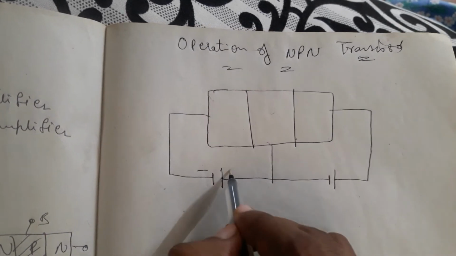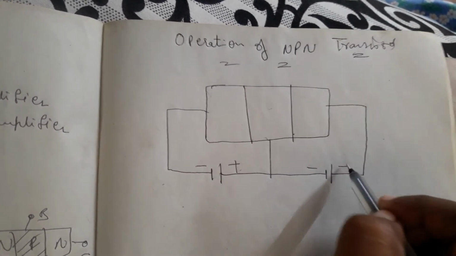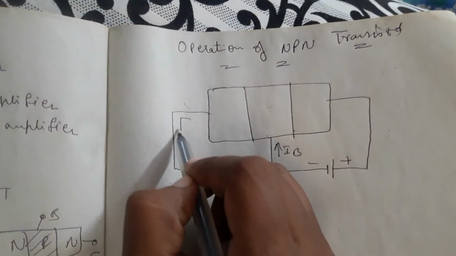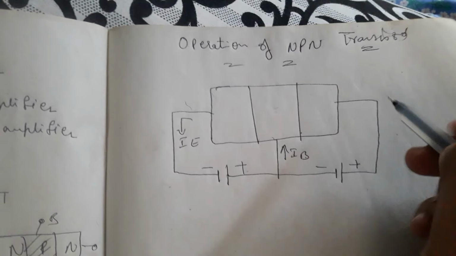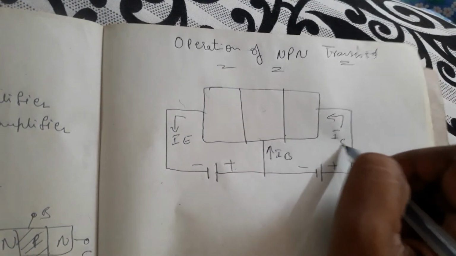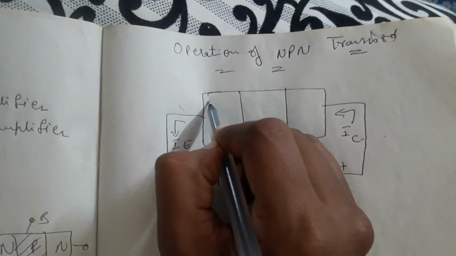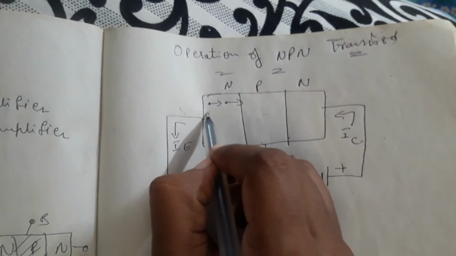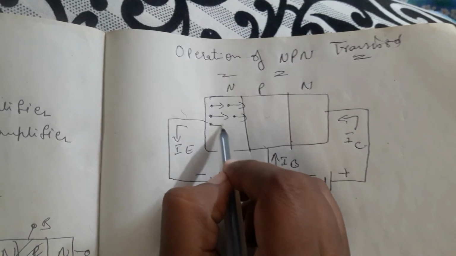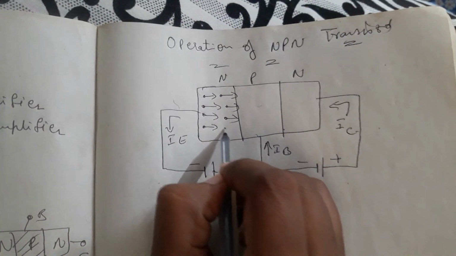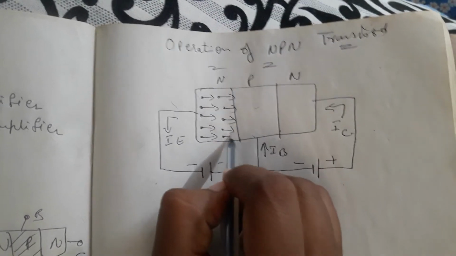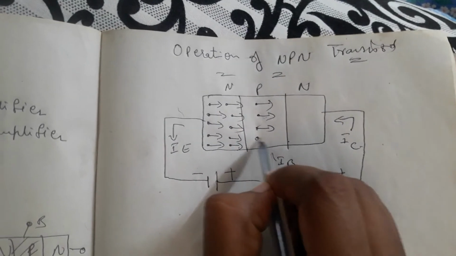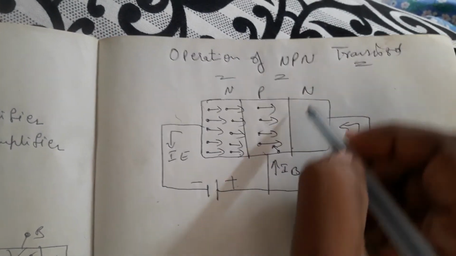This is negative and this is positive. This is the IB current, this is the IE current, this is IC. This is the circuit diagram of the NPN transistor.